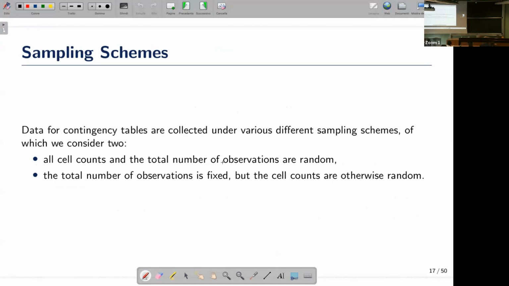So which kind of sampling scheme can we have? We can have 2. One is that the counts and the total number of observations are random. And one is that the total number of observations is fixed. This sampling scheme should help you understand which distribution you should use for your data, okay?